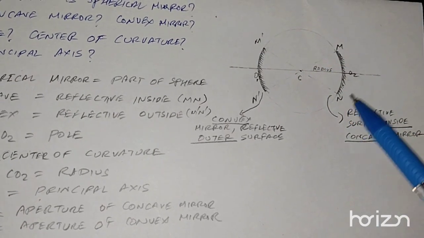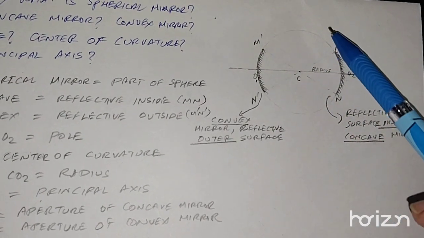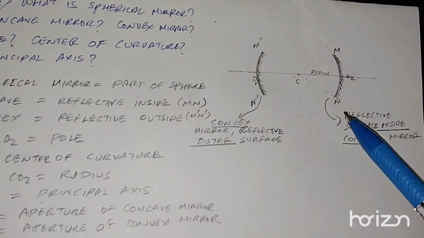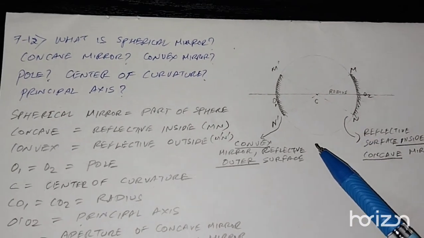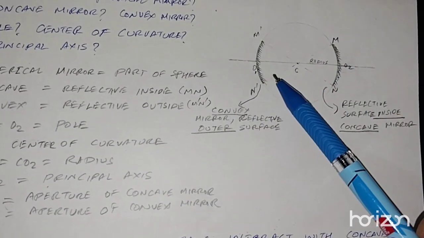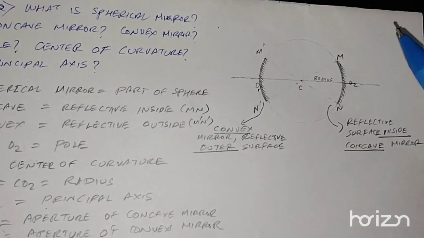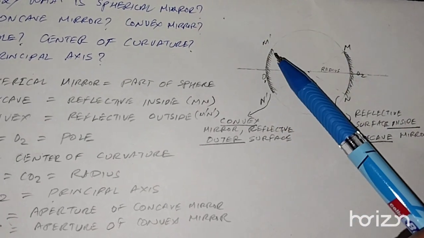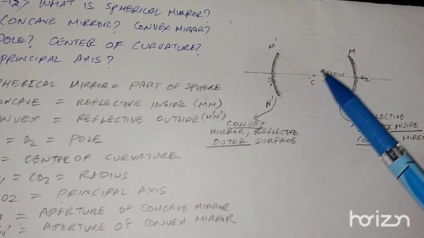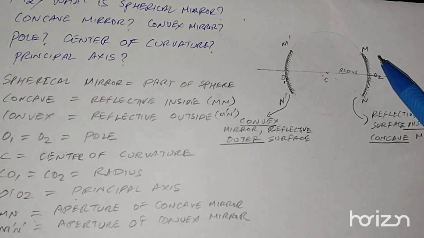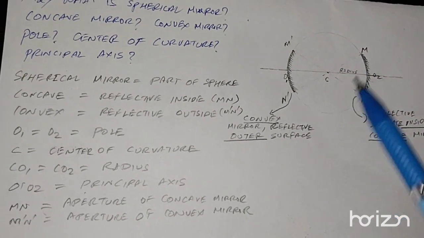Okay, their shape is such that these mirrors can be considered a part of a sphere. I repeat again, a spherical mirror has two types, the concave mirror and the convex mirror, and the spherical mirror is called spherical because it is a part of an imaginary sphere which has a center, which has a radius and all that. So the mirror is a part of a sphere, that's why we call it a spherical mirror.